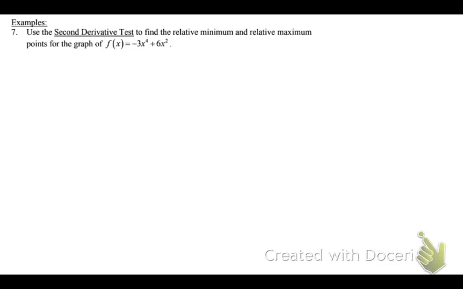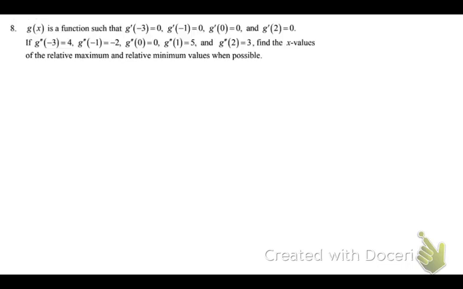Okay, and finally our last example. g of x is a function such that g prime of -3 is 0, g prime of -1 is 0, g prime of 0 is 0, g prime of 2 is 0.